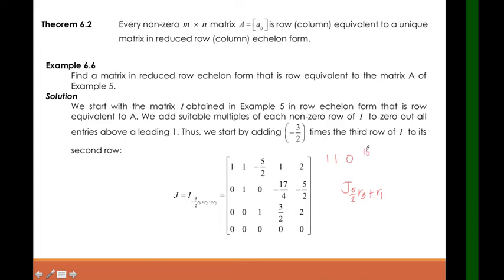Sorry, it is plus 1, so that is not 15 over 4. That is 19 over 4.